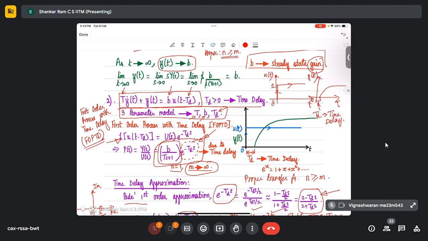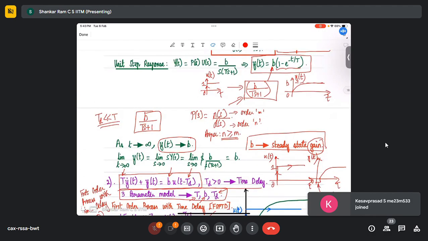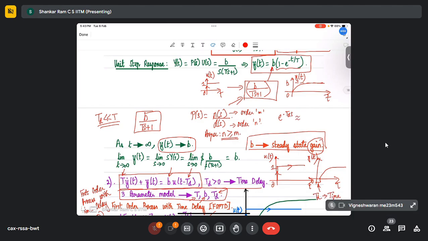Sir, what if we represent e power minus TDS as 1 by e power TDS? So you can have different approximations. See, you can also have e power minus TDS as, like, 1 by (1 plus TDS). Okay, this is another approximation.